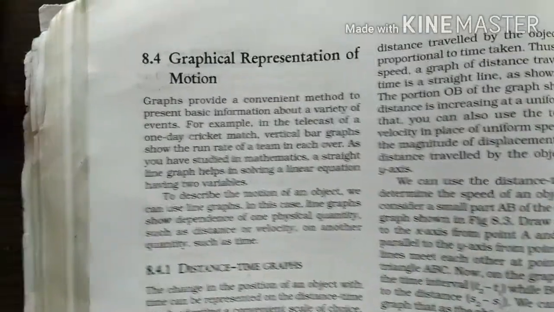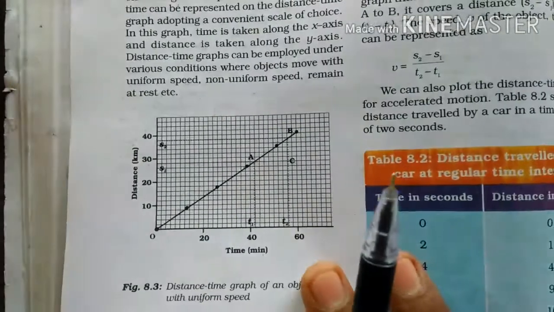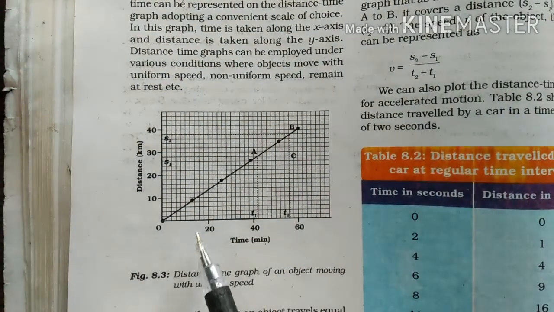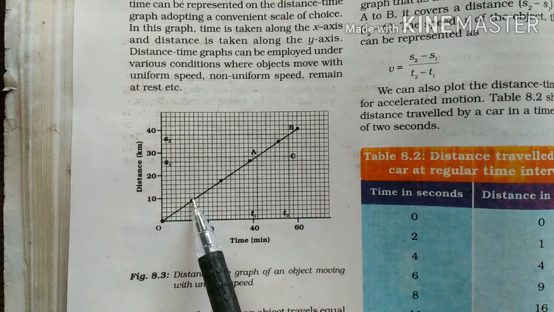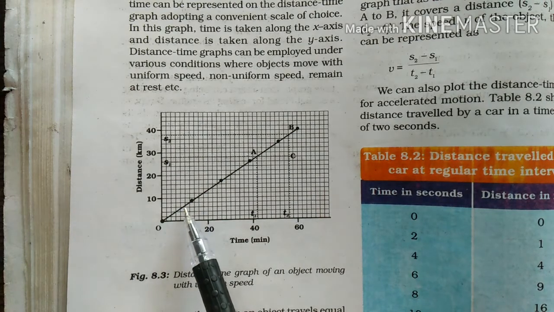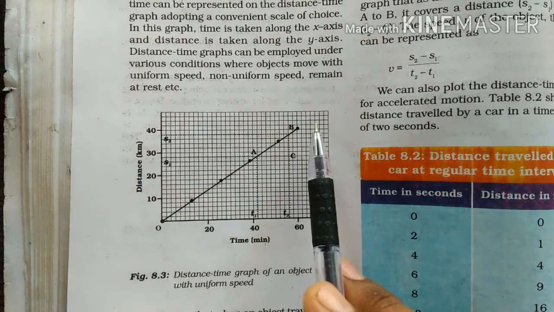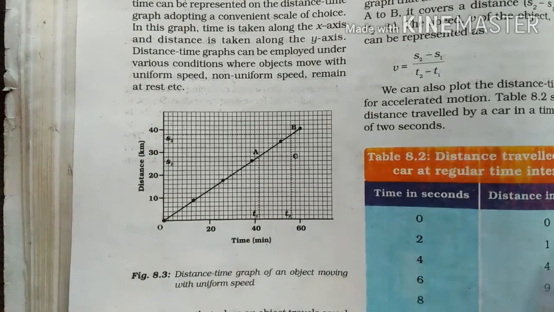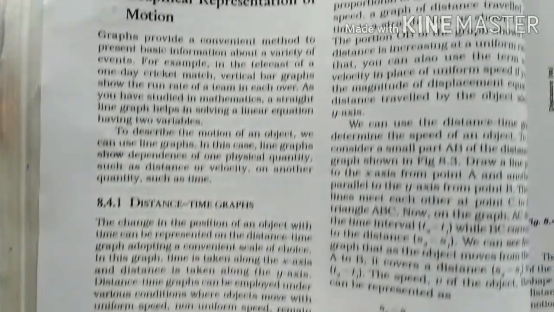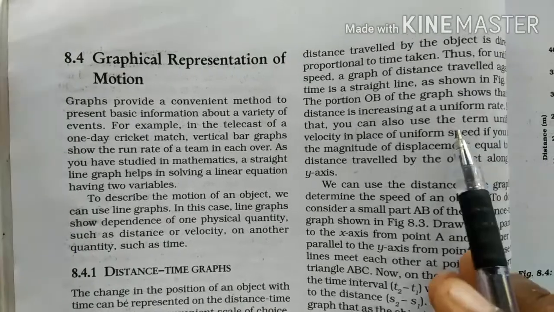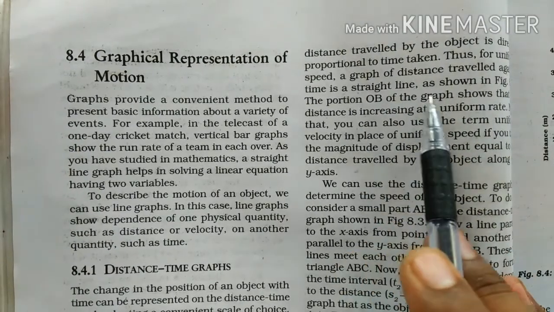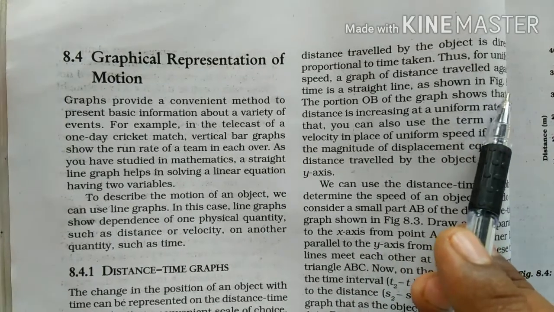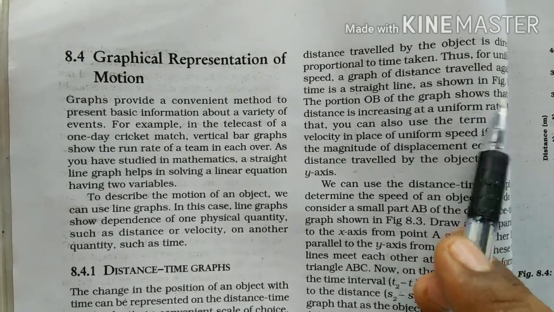See here in this graph, we are seeing the distance is moving with equal intervals of time. Means this is a straight line graph, a straight line as shown in figure 8.3.